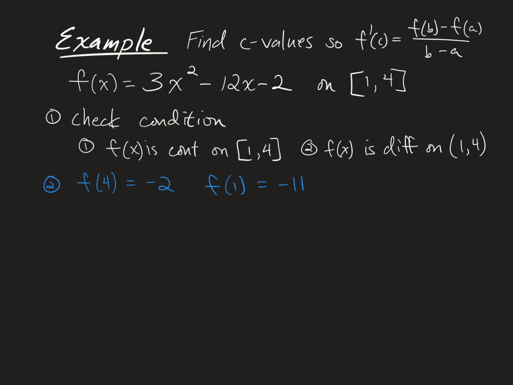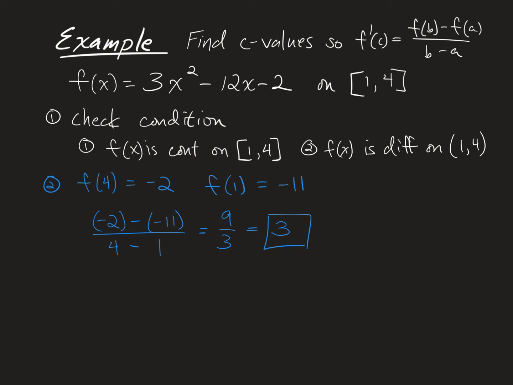Now that we have this, b being the second value in the interval over here and a being the first, we can just go ahead and write out this formula. f of b is negative 2 minus f of 1 is negative 11 all over b minus a. And we can go ahead and just figure that out. Let's see. That ends up being a 9 in the top and a 3 in the bottom, and that will equal 3.